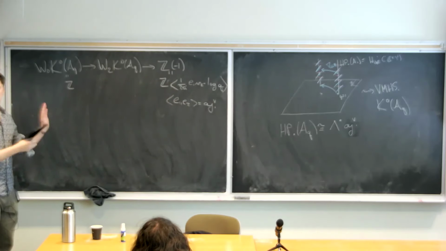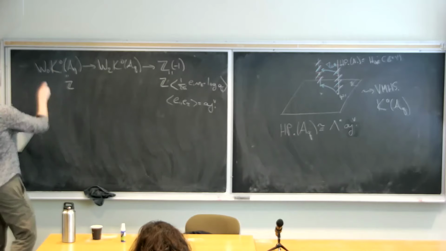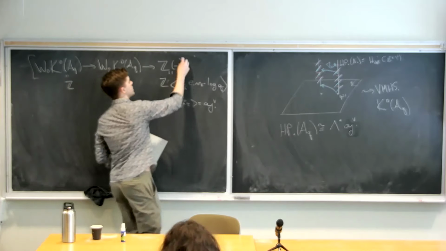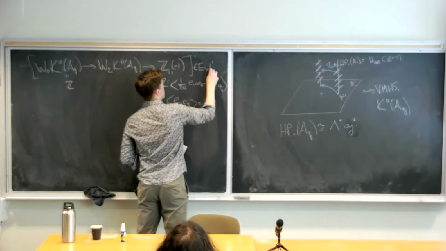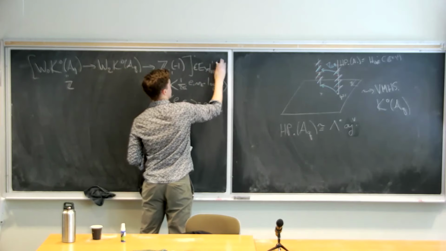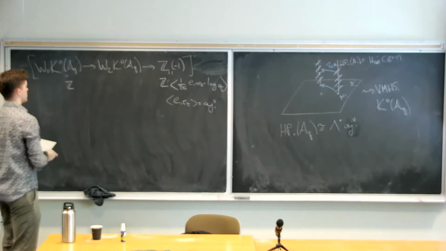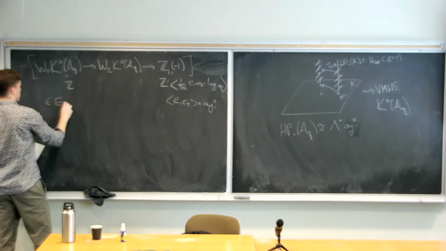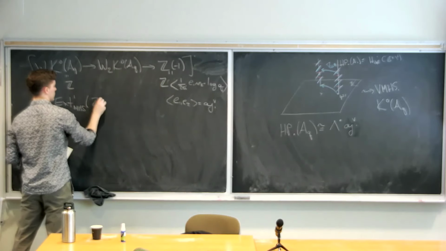So before we had this short exact sequence of mixed Hodge structures, here we also have a short exact sequence. It's going to determine one of these extension groups in this abelian category.